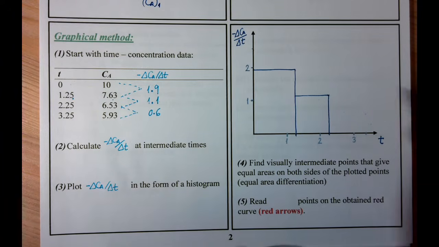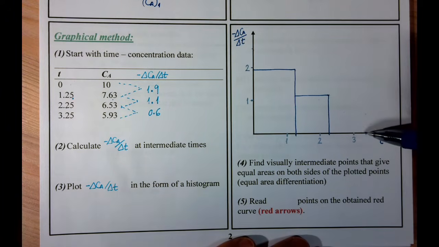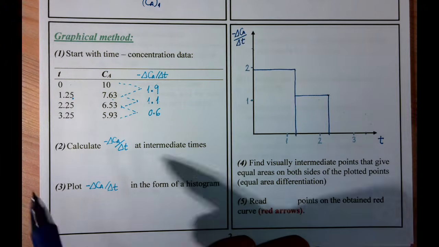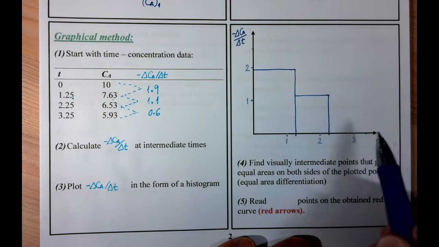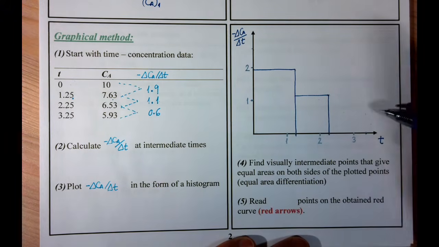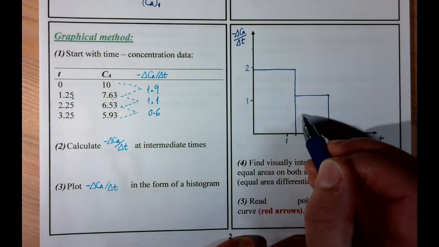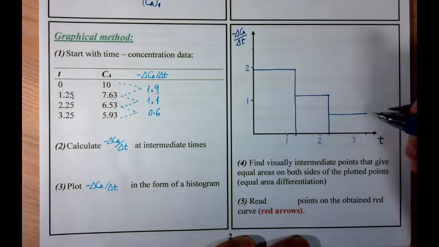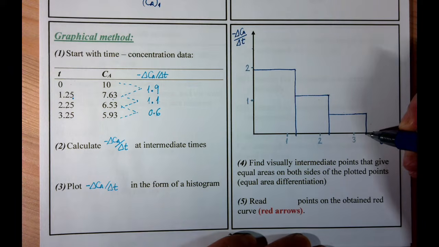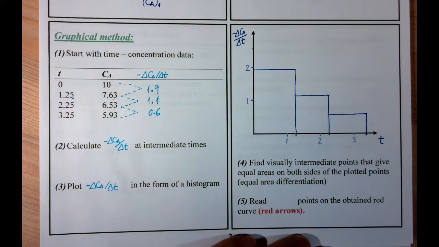Your next time is 3.25, and the delta Ca delta T from 2.25 to 3.25 is 0.6, which would be around here. Okay, so that's how you represent the histogram.